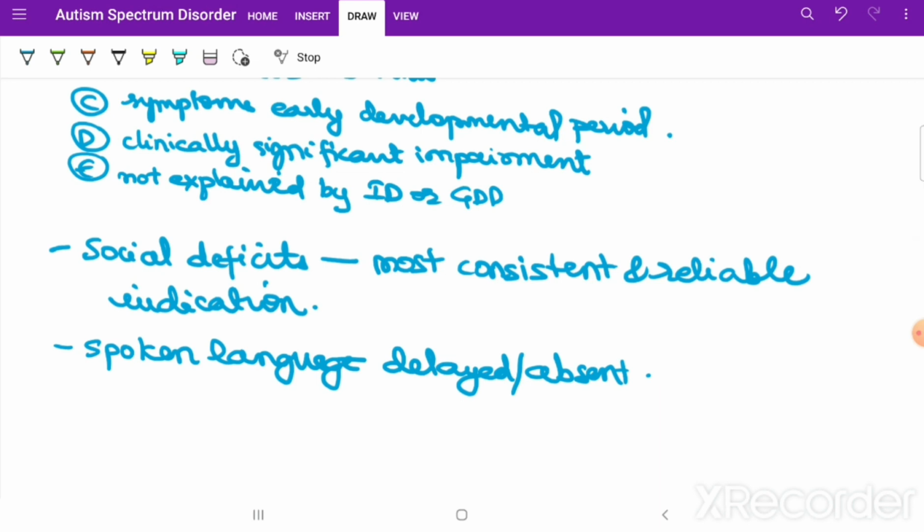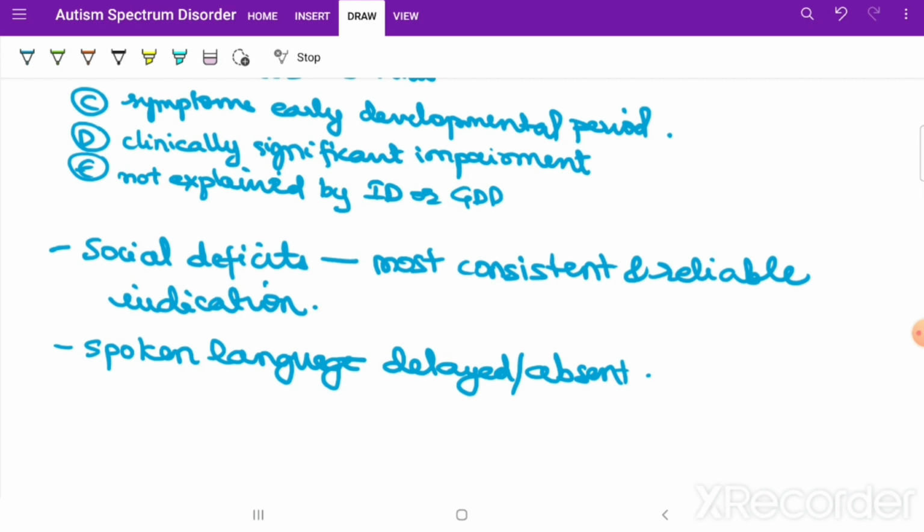They cannot initiate or sustain a reciprocal conversation. Like you're asking something, and the child is not responding to you, or is not responding appropriately. The communication may be characterized by echolalia, pronoun reversals, scripted or stereotyped phrases. All these things may be present in the spoken language of the child.